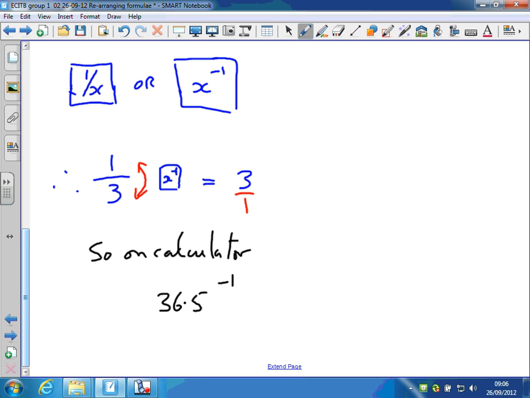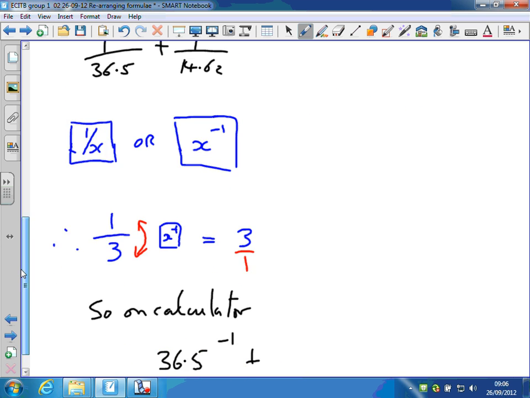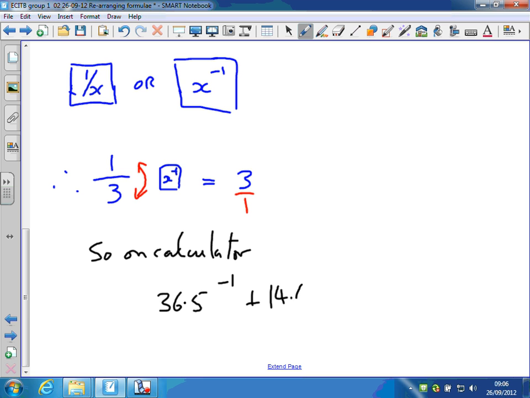So can we do this on the calculator? 36.5, hit the inverse button. Plus 14.62, was it? Yeah. 14.62. Hit the inverse button, and the screen will probably say to the minus 1. Equals. And you'll get an answer.